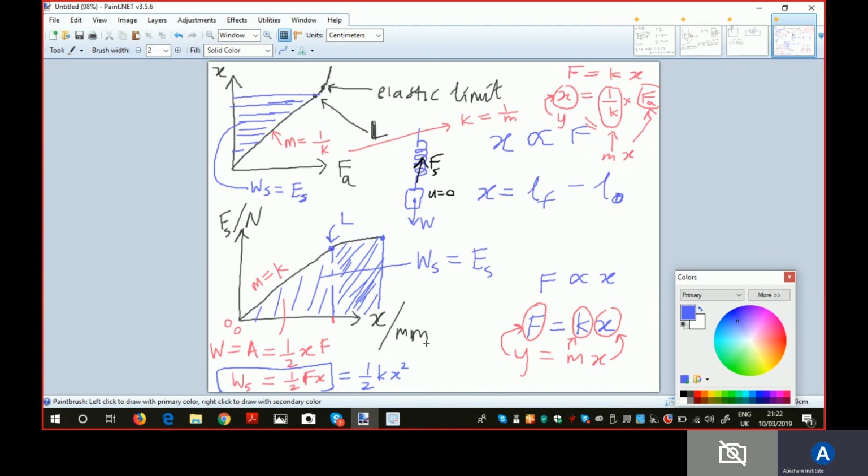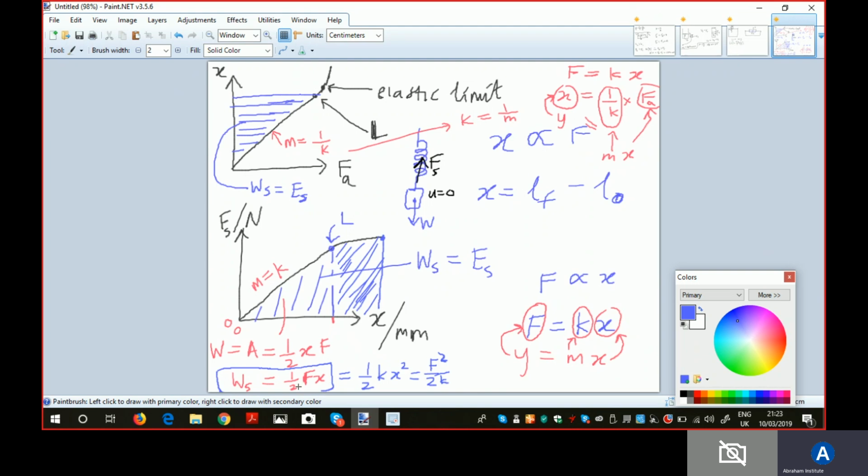And if you make x the subject of this equation and substitute there, then what you will get is half, so x the subject means F squared over 2k. You see that?